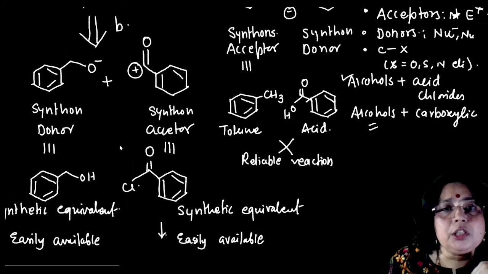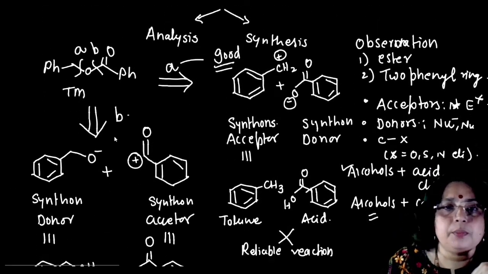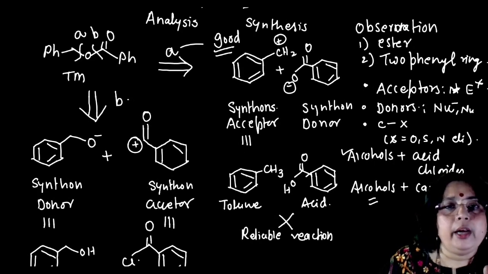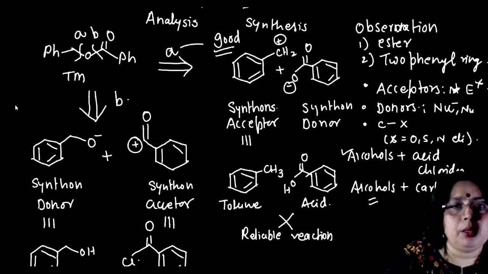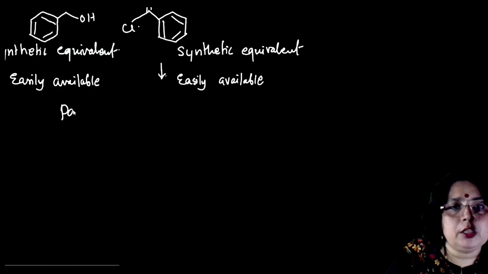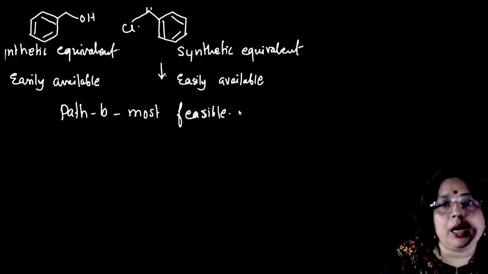Now this is the analysis part. We have developed the two pathways and we have seen that the B pathway is the most feasible pathway. Why is this the most feasible path?